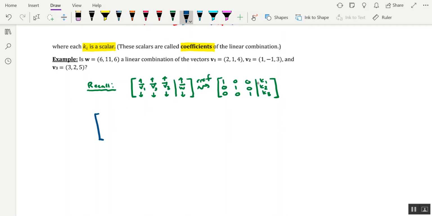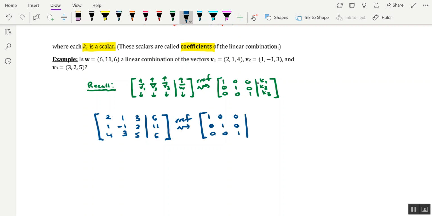So let's form the augmented matrix, and in the first column we'll go to the components of v1, 2, 1, and 4, then 1, -1, and 3, then 3, 2, and 5. And we'll write our augment bar, and then the components of w, which are 6, 11, and 6. Now, when you RREF this matrix, you actually do get the 3x3 identity on the left-hand side.